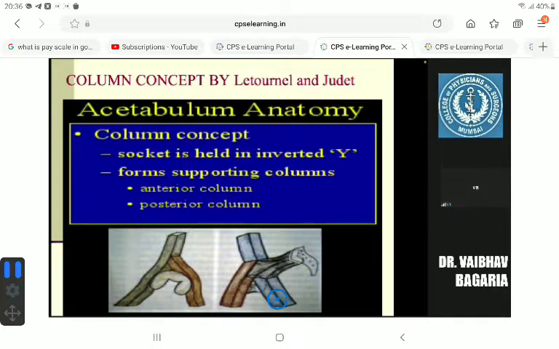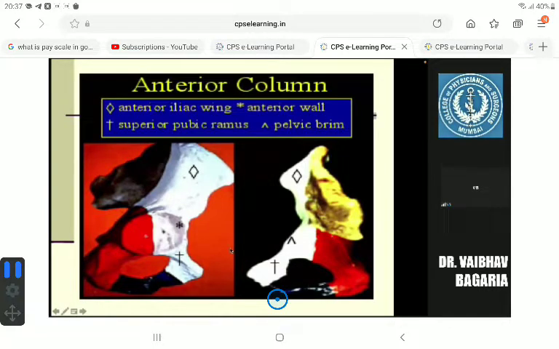So there are two columns, anterior and posterior. If you look at this picture, there are two structures here, and you'll see that the anterior side, which is colored in white, is the anterior column, and the posterior side is in the red color, and that's the posterior column.